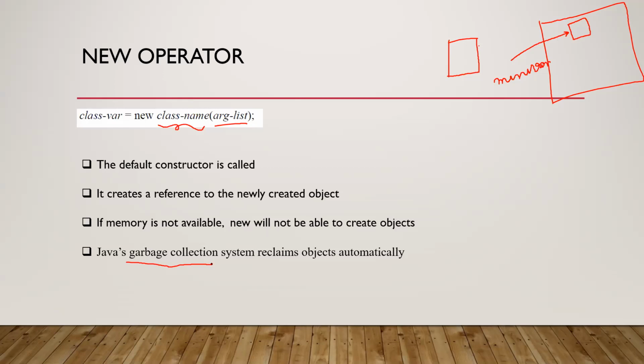Periodically it will check which objects are there in the memory and whether the objects are being accessed by any class or not. If it finds an object which is not being accessed by any program, it will free up that memory.